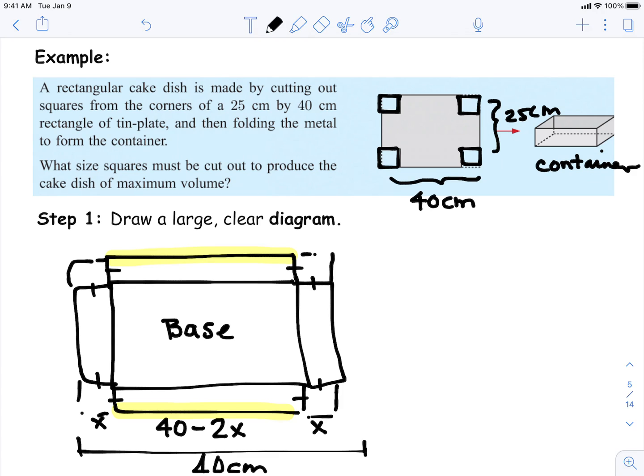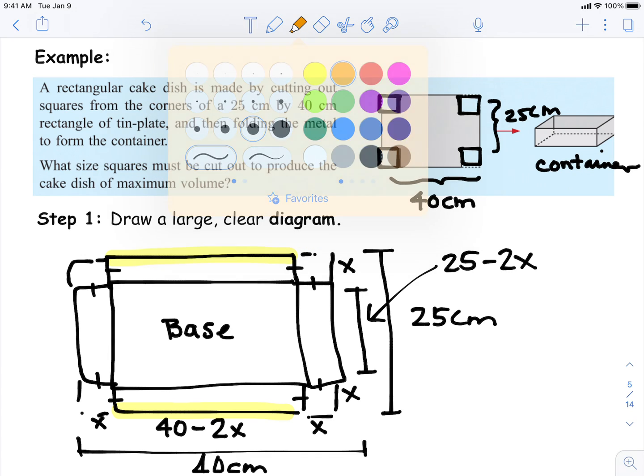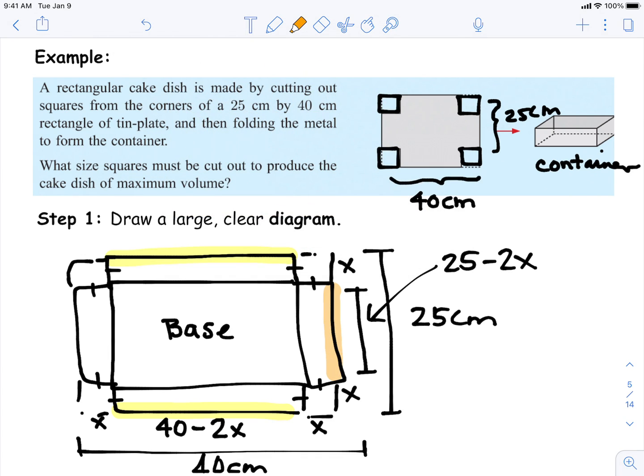Then the distance along here, before we fold it up, is 25 centimeters. Well, we're going to have to subtract out an X and an X again. So this distance here is 25 minus 2X. And that would be the distance here and there.